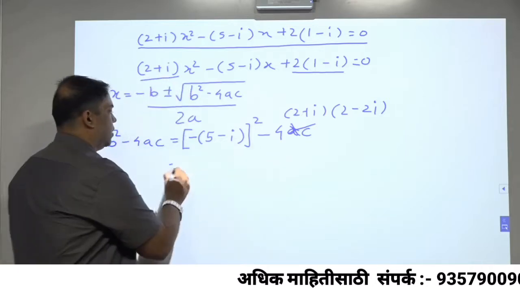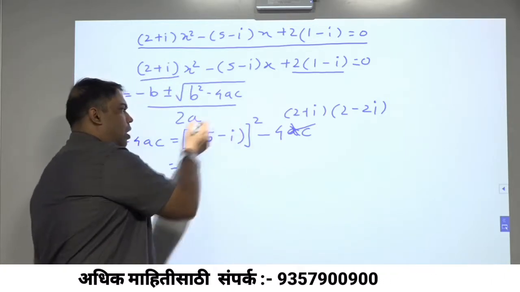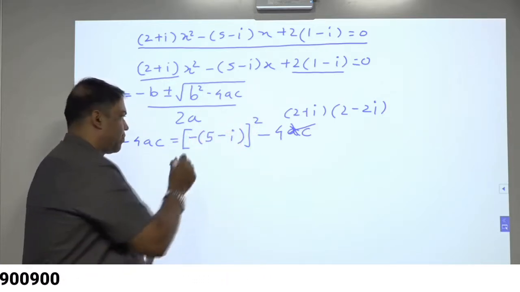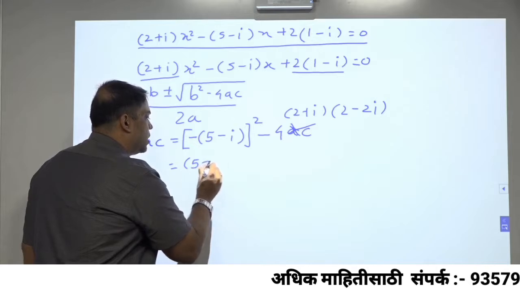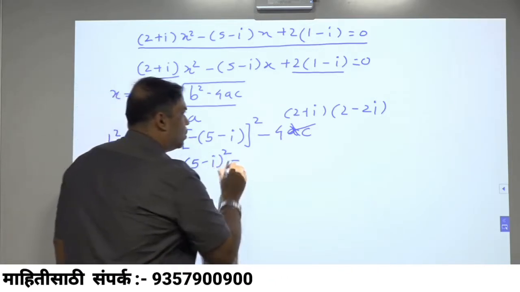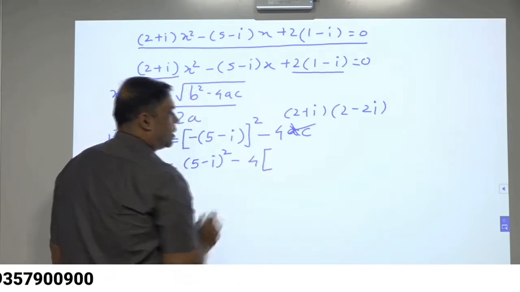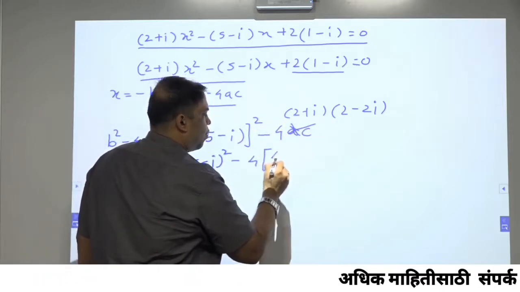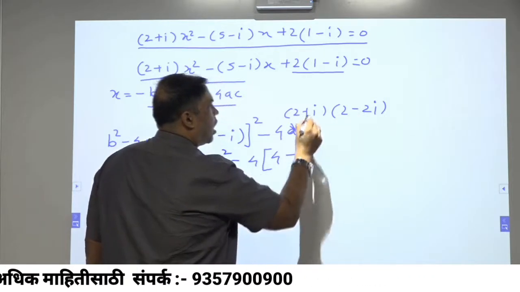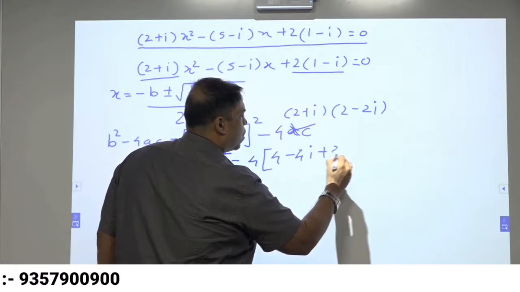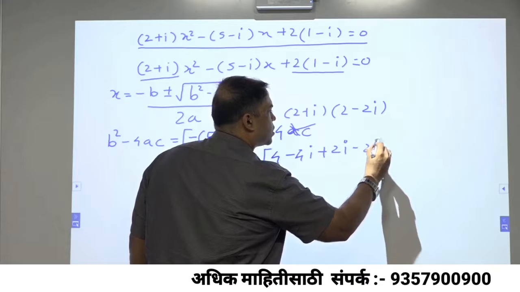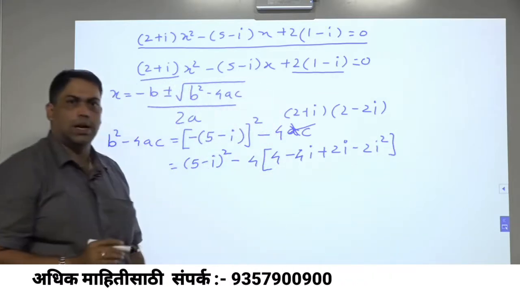Clear? Now see, while squaring this bracket, this minus sign will disappear, and it is (5 plus i) bracket square. Am I right? Correct? Now 4 into bracket: 2 into this 2 is 4, 2 into minus 2i is minus 4i, i into 2 is plus 2i, minus 2i square. Clear?